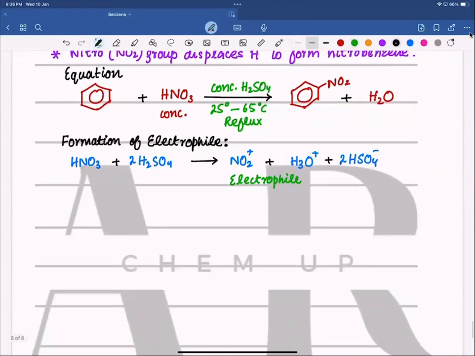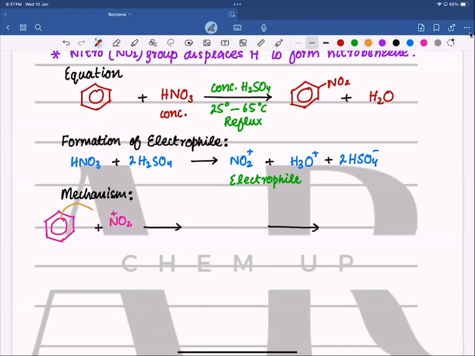Now, the mechanism. We have a benzene ring and NO2 positive.